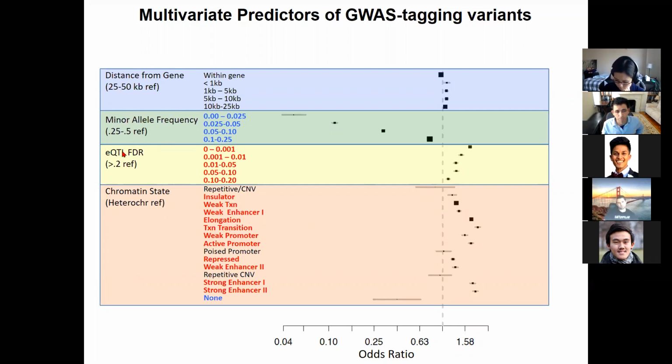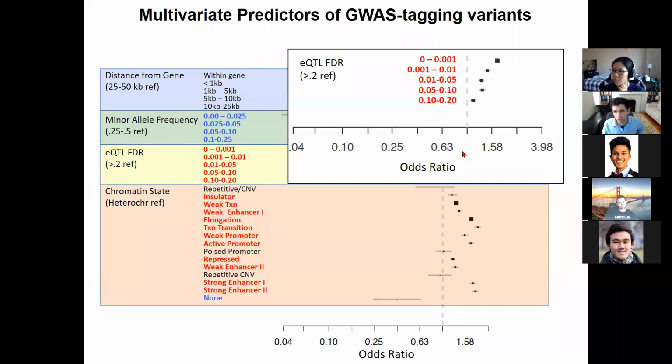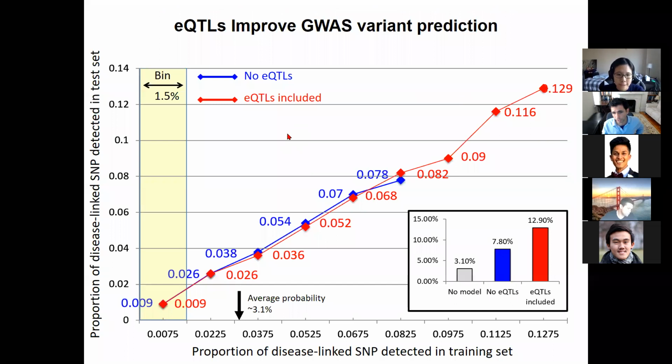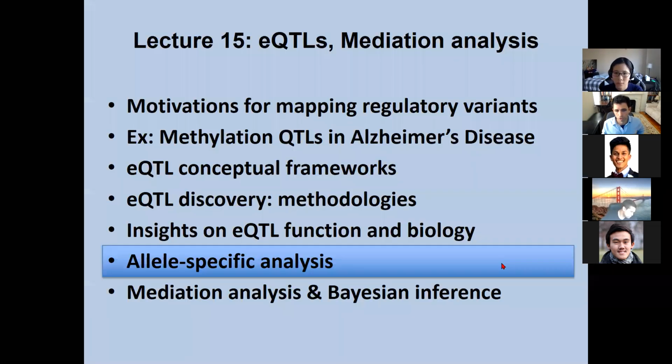But looking specifically within eQTLs that are significant can dramatically increase your power for GWAS variant discovery. So that suggests that eQTLs are in fact very relevant when you're searching for GWAS SNPs. If you search without regard to eQTLs, then you only have a certain power. But if you search for GWAS variants within eQTLs, then your power continues to increase, and you can discover many more GWAS variants that way.